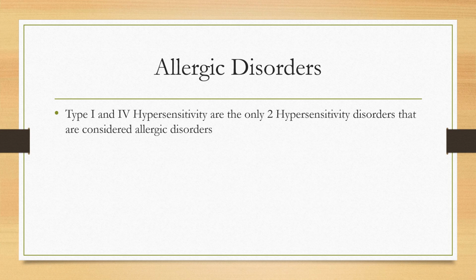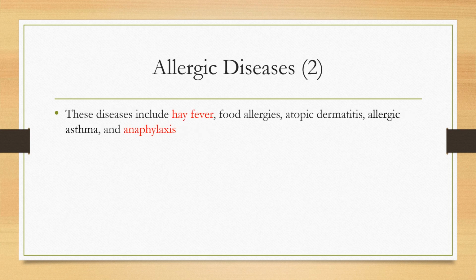So type 1 and type 4. Allergic diseases include hay fever, food allergies, atopic dermatitis, allergic asthma, and then finally anaphylaxis.